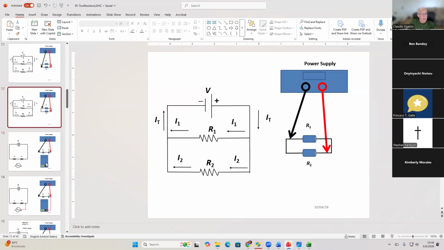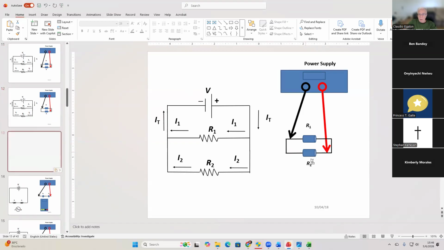The next thing we're going to do is take voltage measurements. What you cannot do, by the way, is to do something like that. That you cannot do.